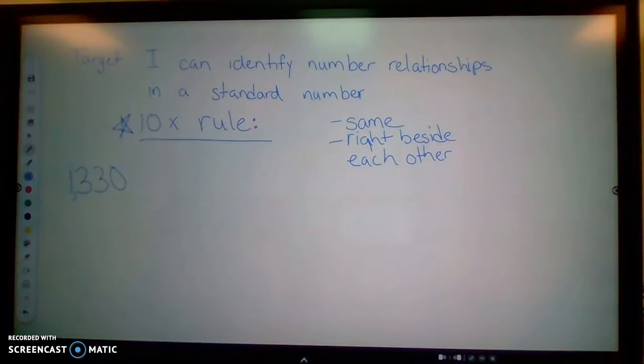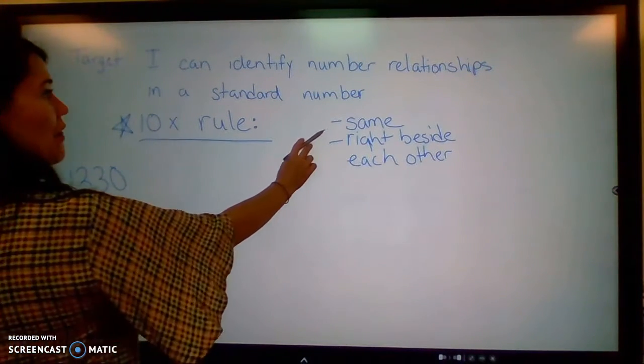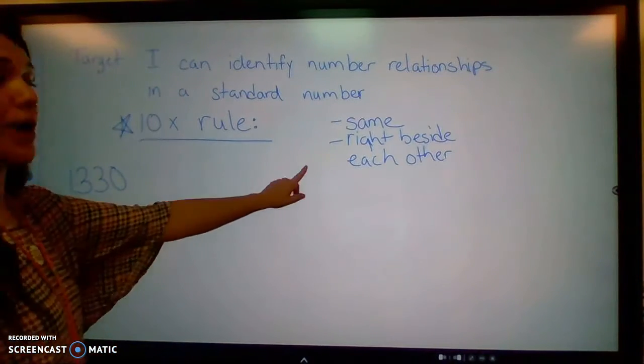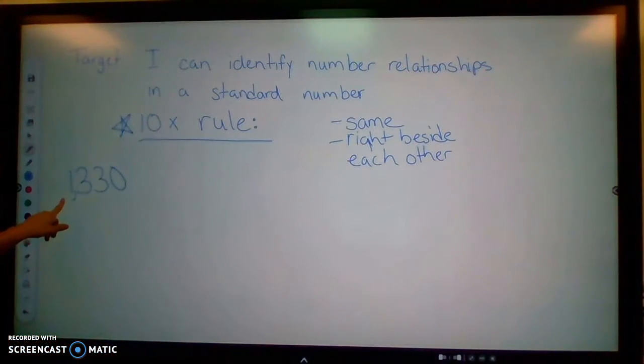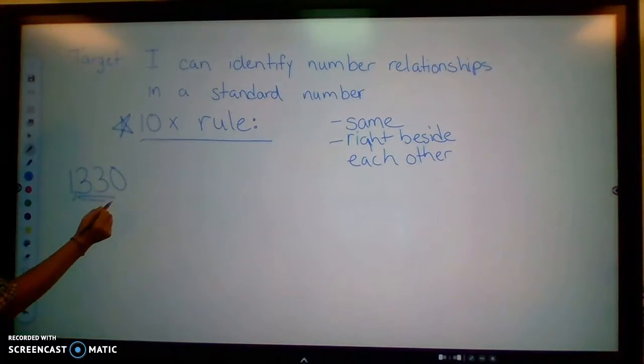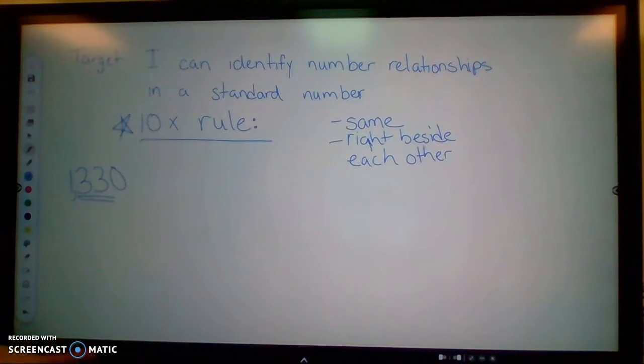So if I'm looking for something that follows our 10 times rule, we know that the number has to be the same and right beside one another. So let's take a look at this number. I see that the 3, there are 2 3s, and they are right beside one another. So this part of our number follows the 10 times rule.